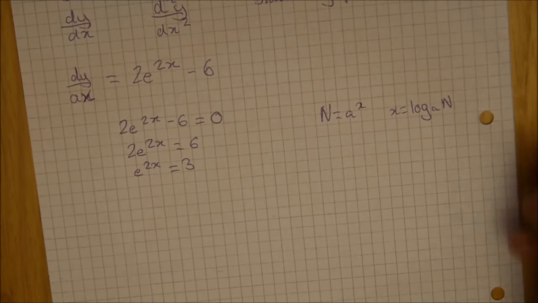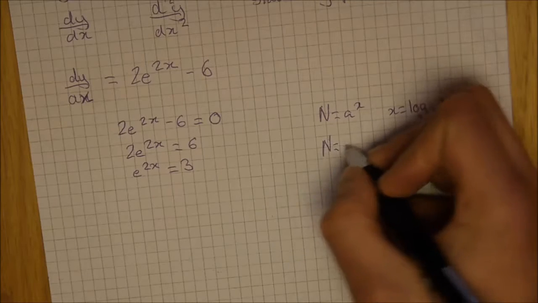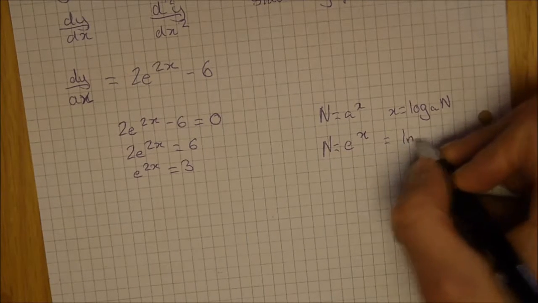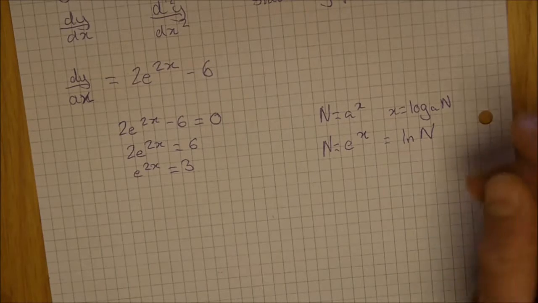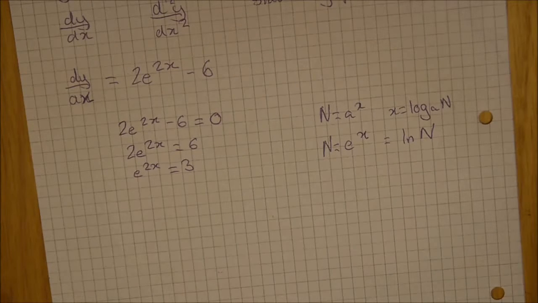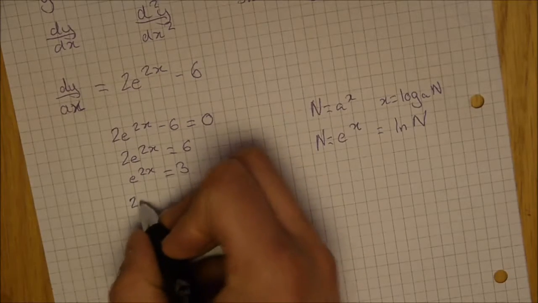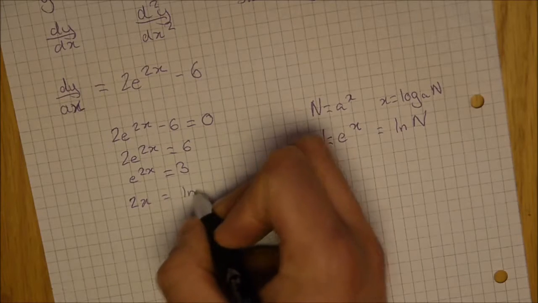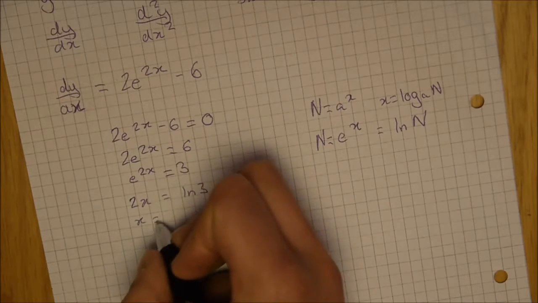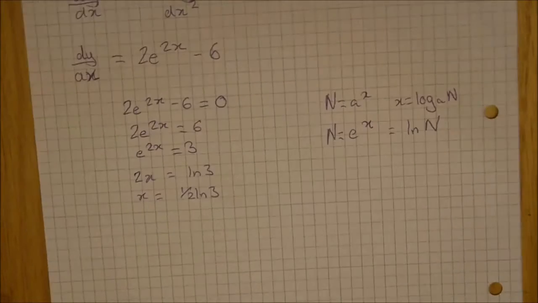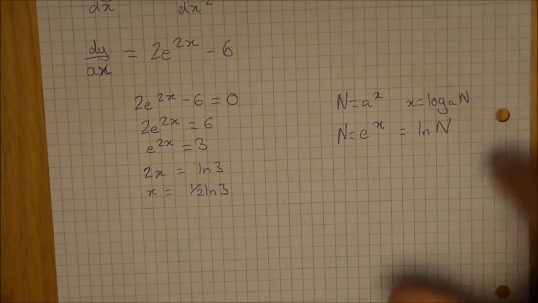So instead of writing this, we just write n equals e to the x, and that is equal to ln n. So if we just want to have the power, we can write it as ln. So we have 2x equals ln 3, x equals half ln 3. Does that make sense?